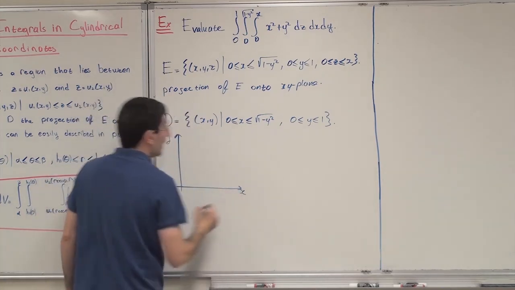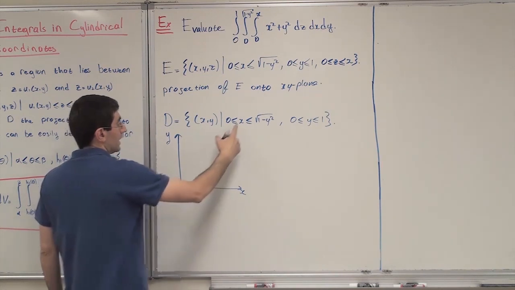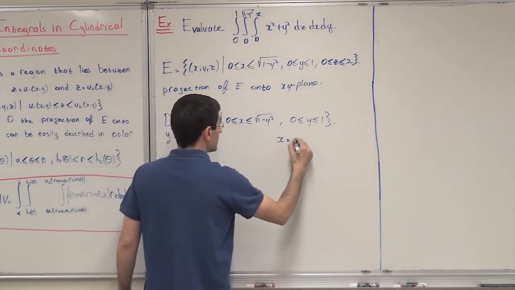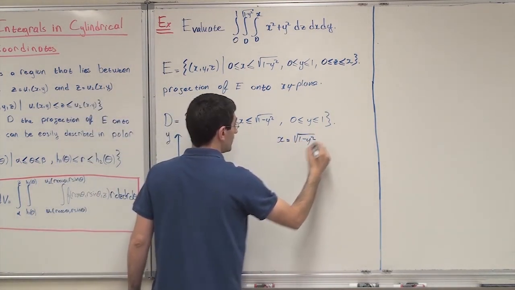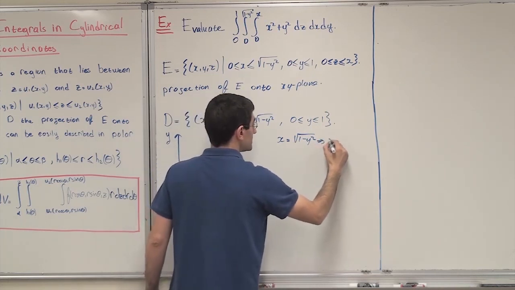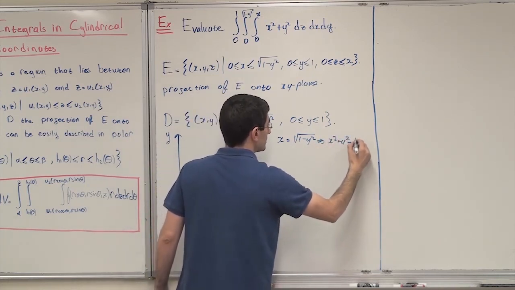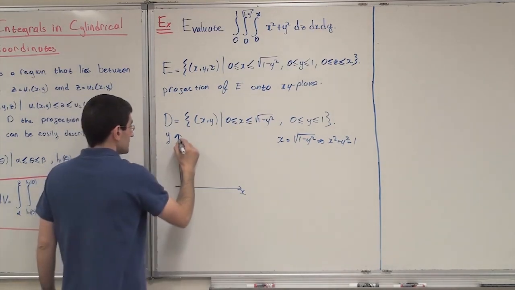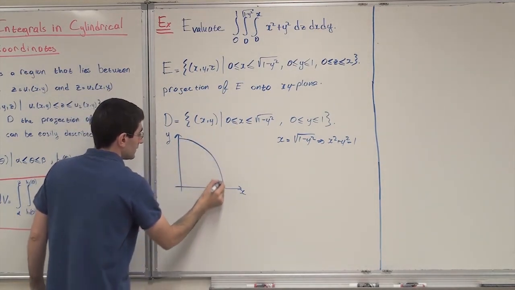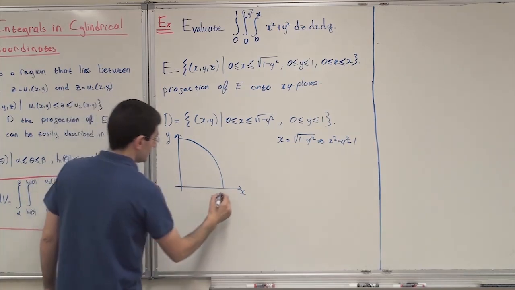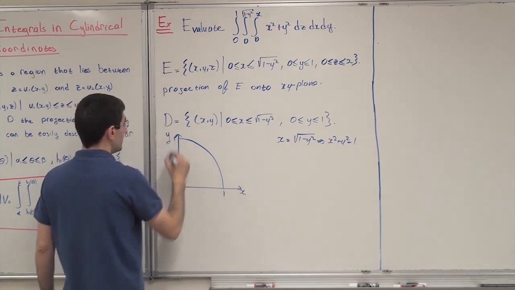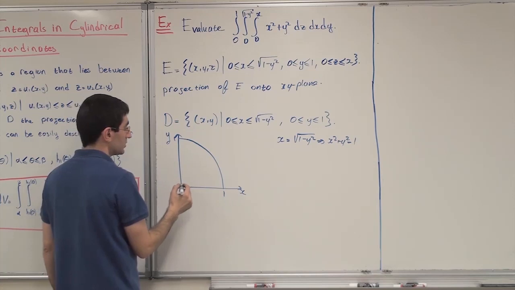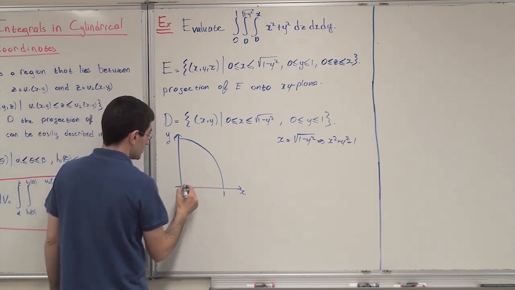I also recognize that this equation, x equals root 1 minus y squared, is a circle with radius 1. So our region D is going to be a quarter of a circle with radius 1 in the first quadrant.